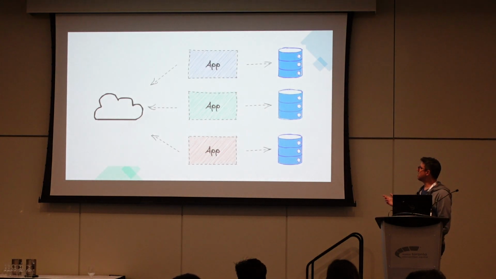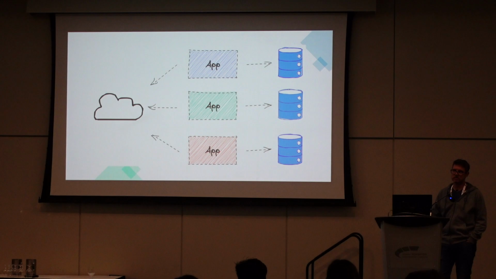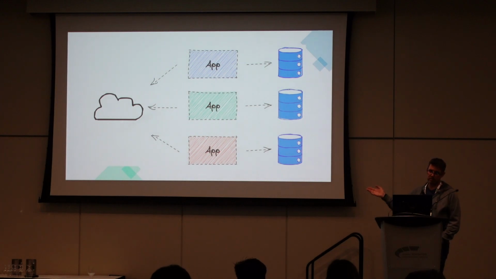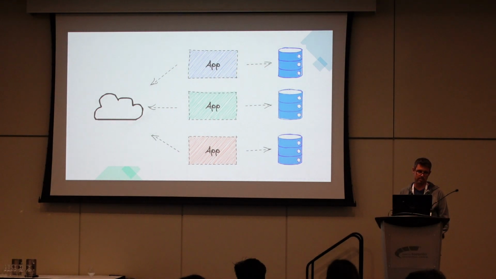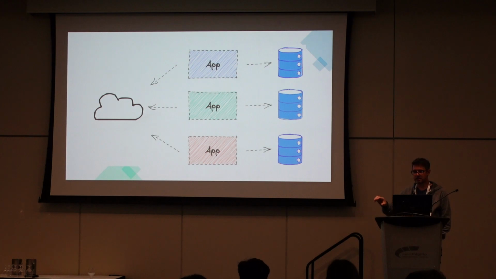So let's say now you have 3 environments for the same application. You have your dev, testing, and production. You obviously have different databases. You do have access to the same external resource, but you probably have different credentials, one for each environment.